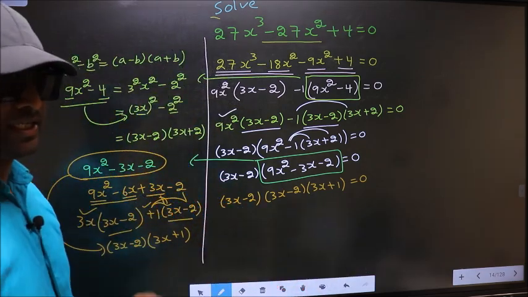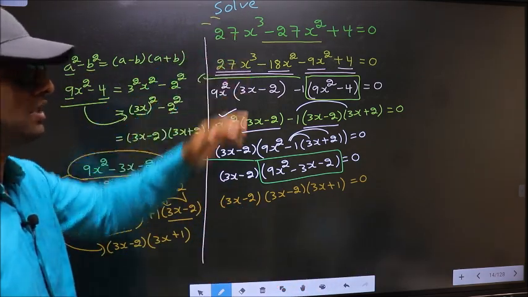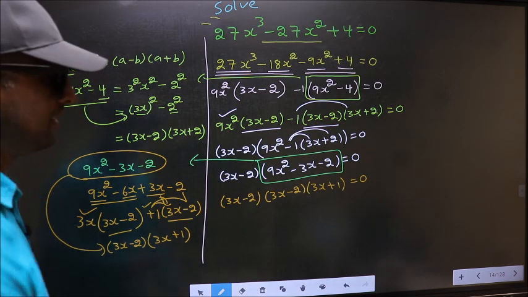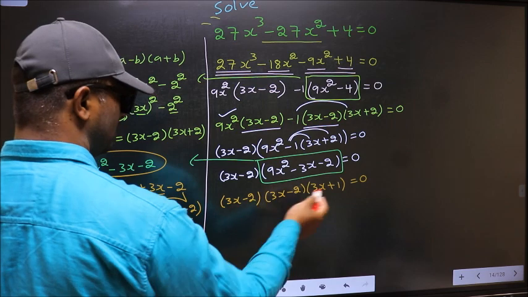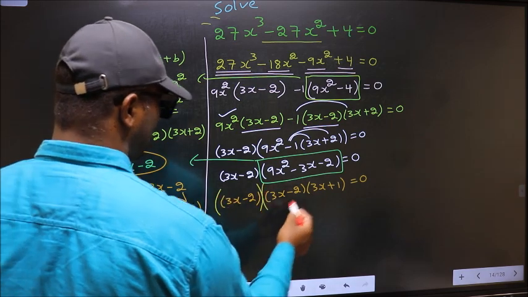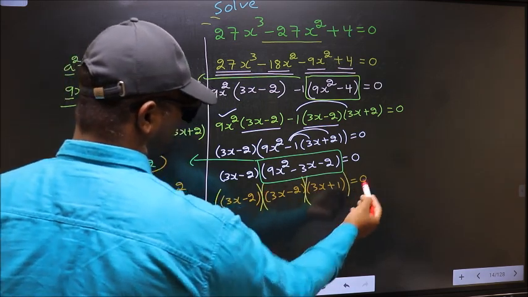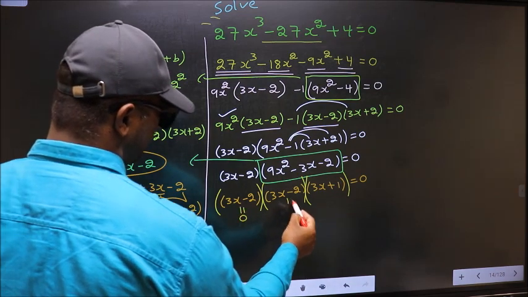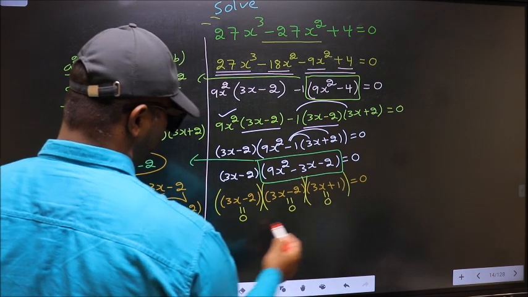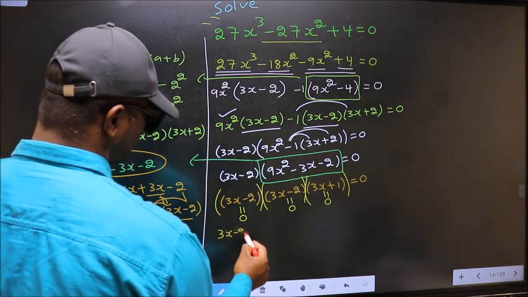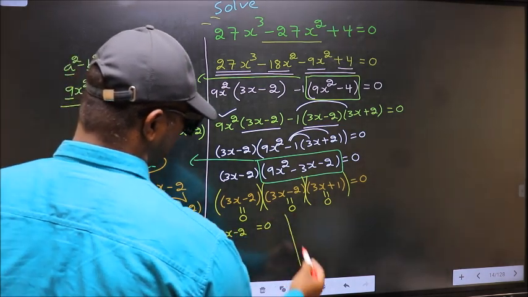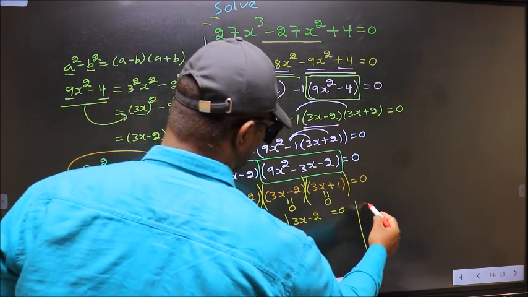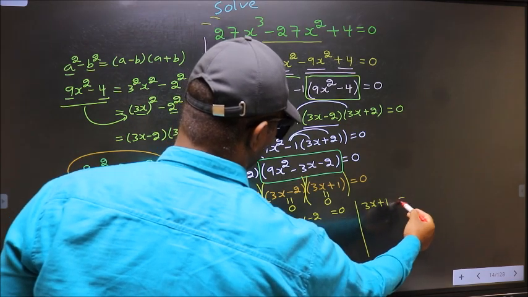Here they told us to solve, which means we should get the values of x, and over here we got product of brackets equal to 0. So to get x values, we should equate each bracket to 0. That is 3x minus 2 equal to 0, 3x minus 2 equal to 0, 3x plus 1 equal to 0.